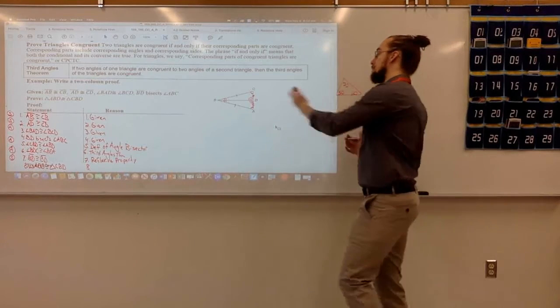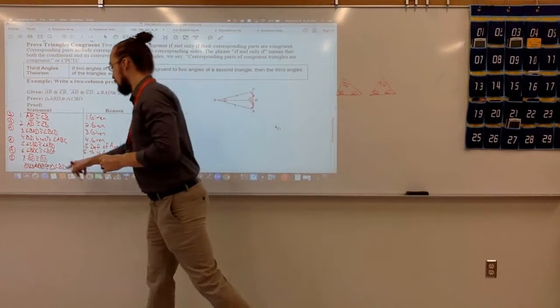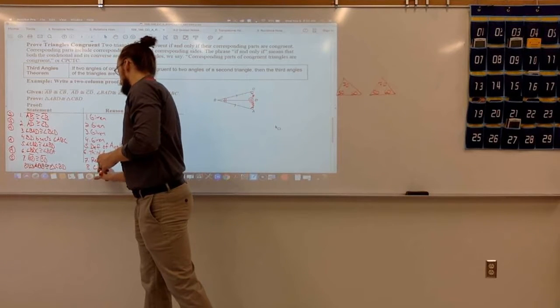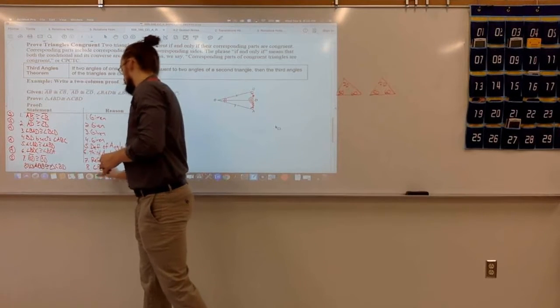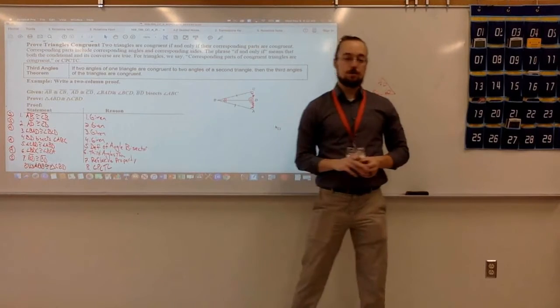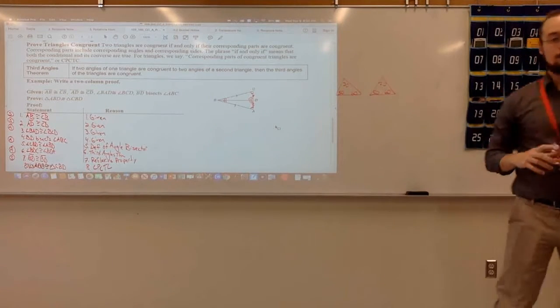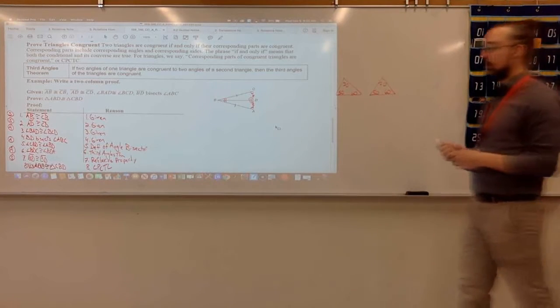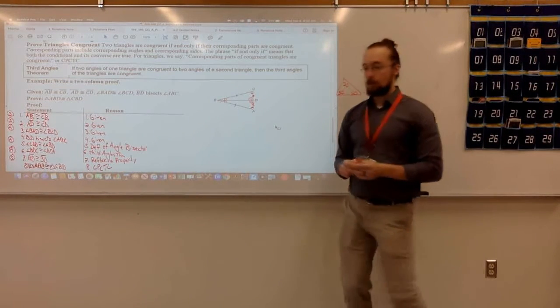That's my reason for the 2 triangles are congruent. So we can abbreviate that to CPCTC. Corresponding parts of congruent triangles are congruent. Once I've shown all 6 pairs of corresponding parts are congruent, then I can say the triangles themselves are congruent.